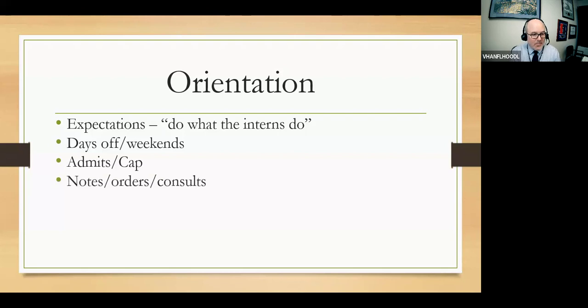Kind of running this into the ground, but being in charge of notes, orders, and consults. But I make sure that they understand in the orientation that this is the expectation. I talk to my AIs a lot about the expectation of the resident and the interns that is based on their own classmates and the predecessors, the AIs that have come before them, because they really do a really good job.